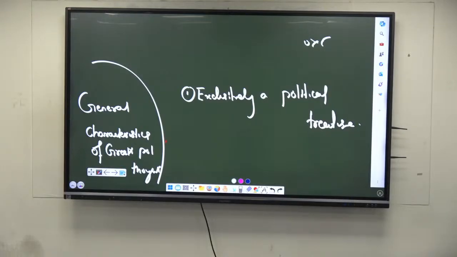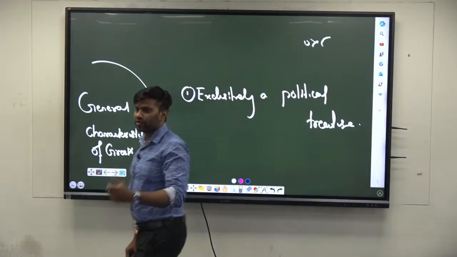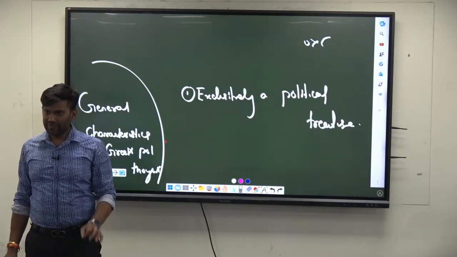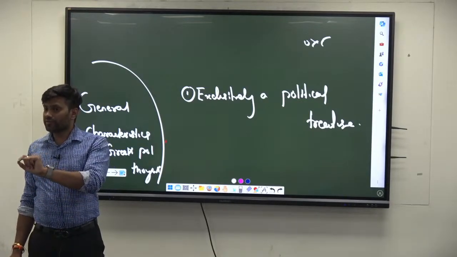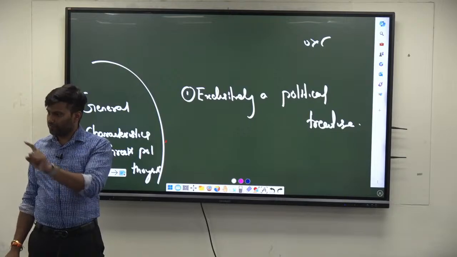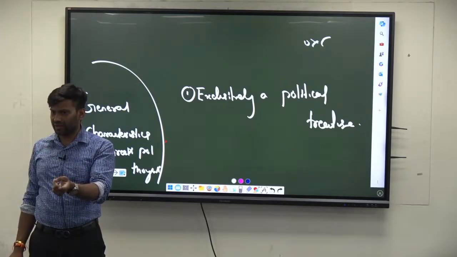What is meant by political treatise? What does treatise mean? A document. So when we say it is a political treatise, why are we using the word exclusive? This is where you find one difference between Indian political thought and Greek political thought.